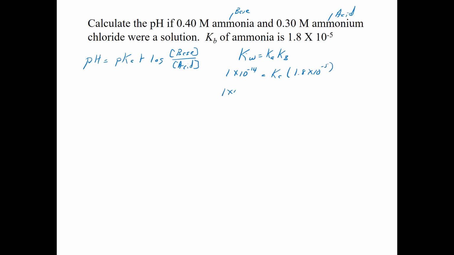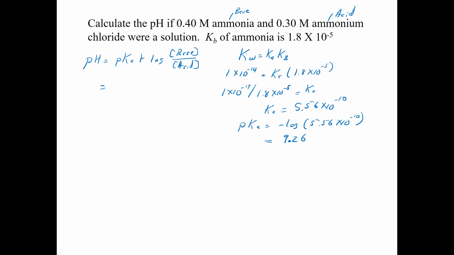So 1 times 10 to the minus 14 divided by 1.8 times 10 to the minus 5 is equal to Ka. So Ka ends up being 5.56 times 10 to the minus 10. Then I find the pKa by taking the negative log of 5.56 times 10 to the minus 10, and I get 9.26.